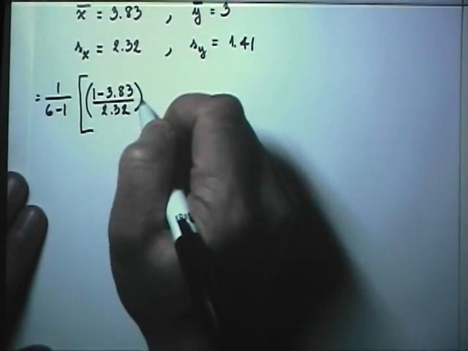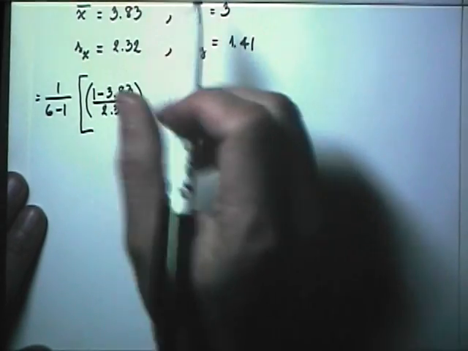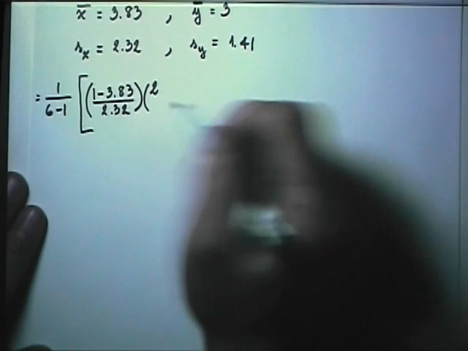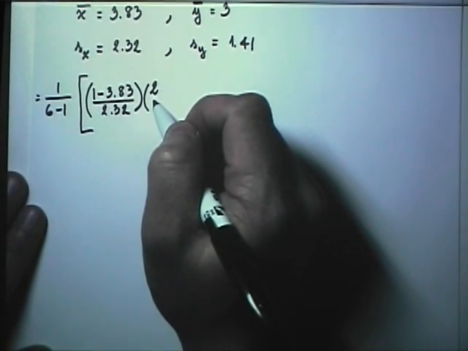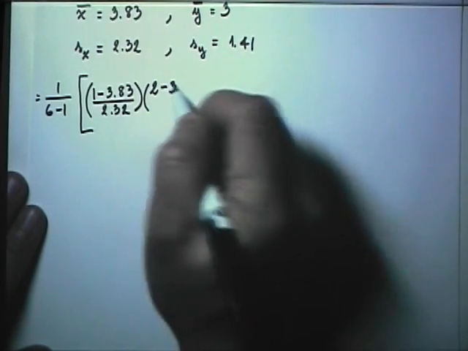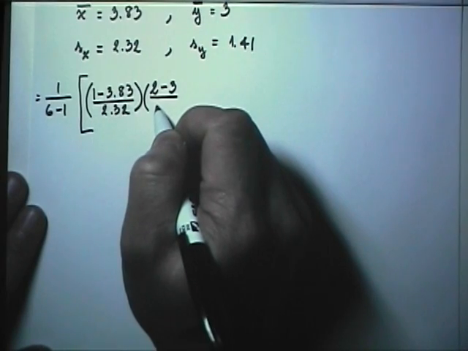Still with the first data point, I look at the y value, which is 2. I subtract the mean value for y, which is 3, and divide by the standard deviation for y, which is 1.41.